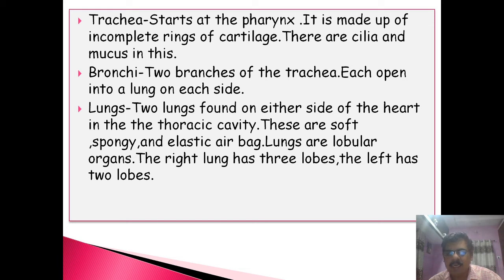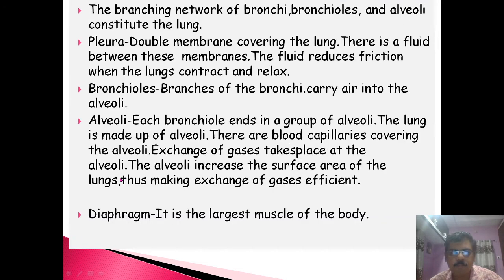Next to these bronchi, the tubes branch into the bronchioles and at last the alveoli. The lungs: the two lungs are found on either side of the heart in the thoracic cavity, and these are soft, spongy, elastic air bags. The lungs are lobular organs. The right lung has three lobes and the left has two lobes.